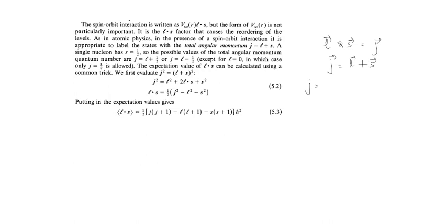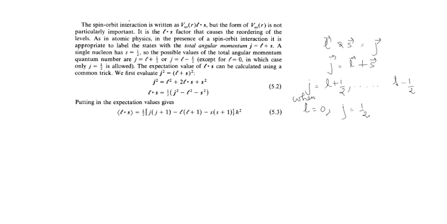J can take values from L plus half to L minus half. And when L equals 0, that's a special case: J can take only the value half.